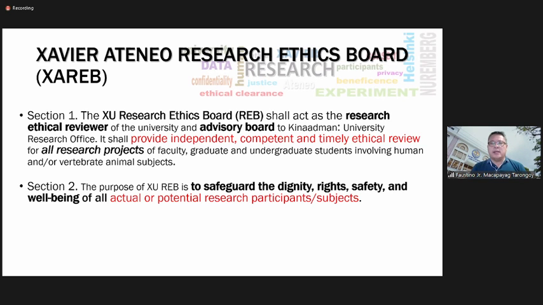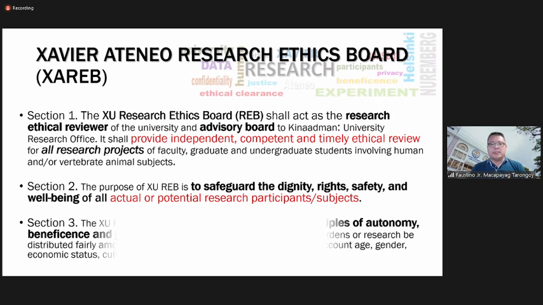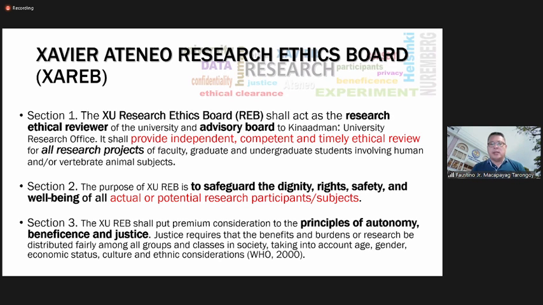So the REB believes in the values of safeguarding the dignity, the rights, the safety, and well-being of all actual or potential research participants, and also believes in the principles of autonomy, meaning the research participants should have the right to voluntarily participate and also to voluntarily withdraw from participation.